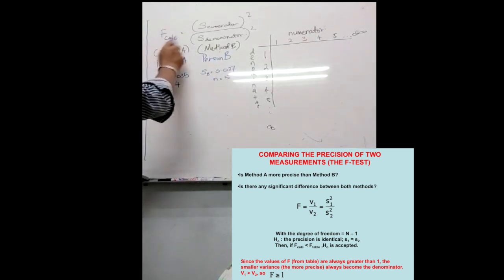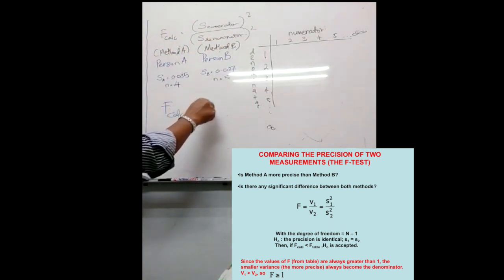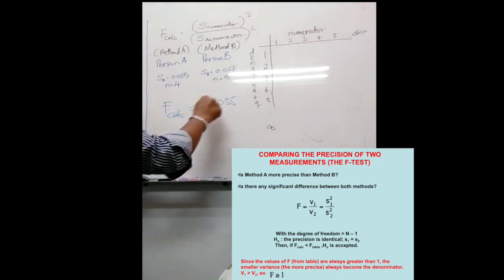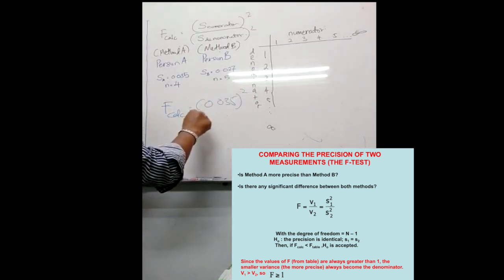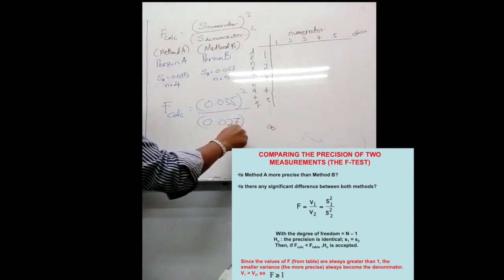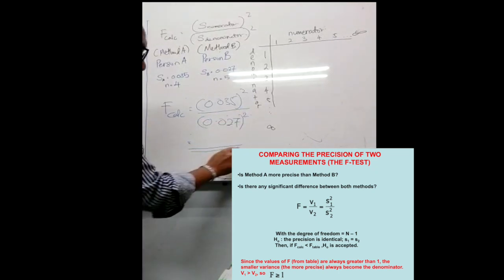So what is the F calculation for this? It should be F calculation equals 0.035 to the power of 2, divided by 0.027 to the power of 2. So this is our F calculation.